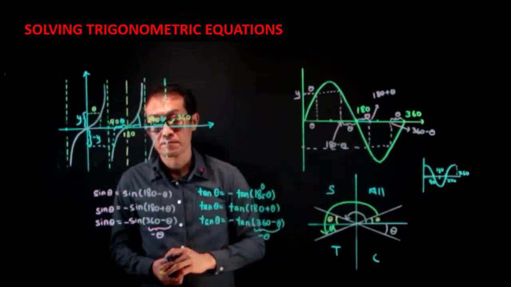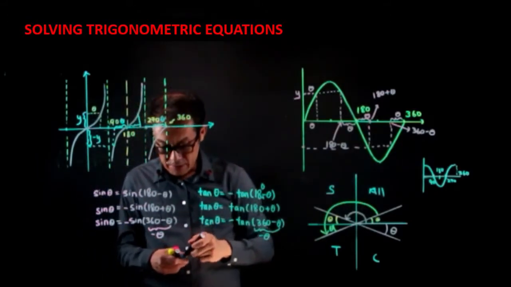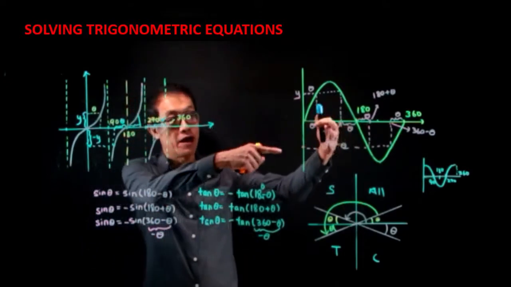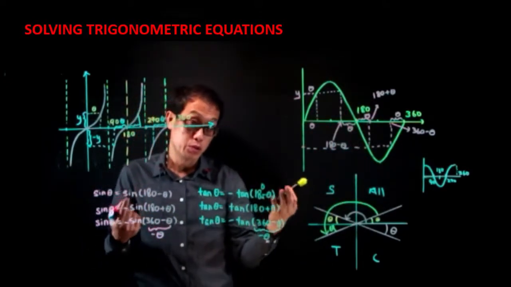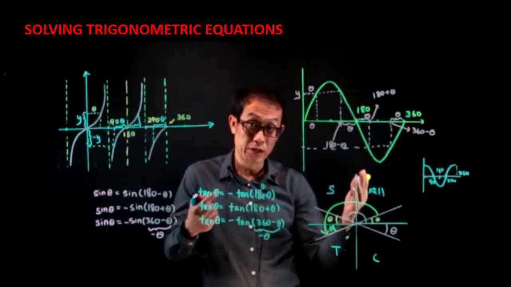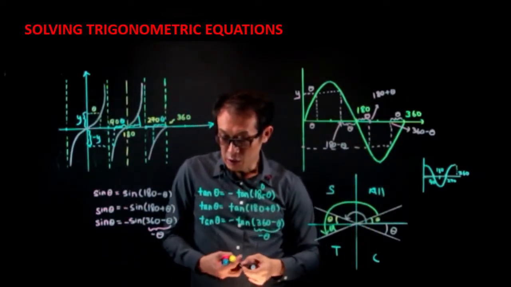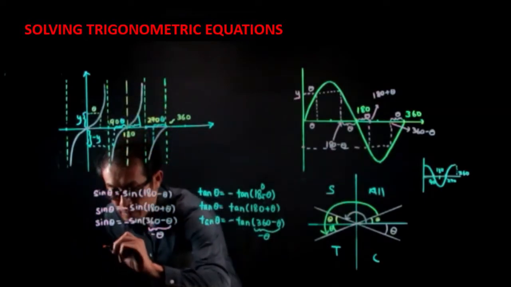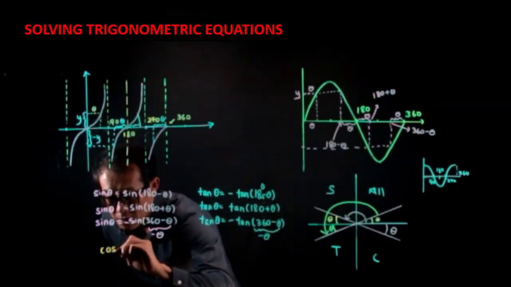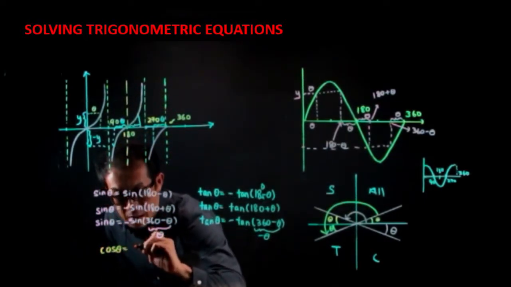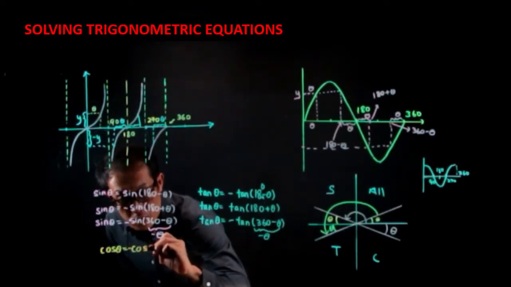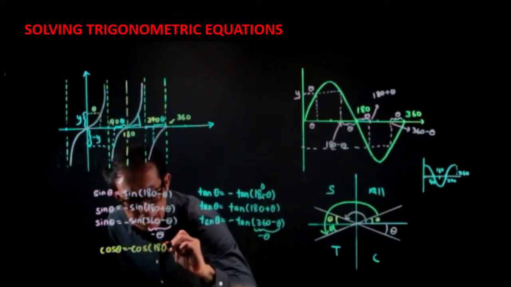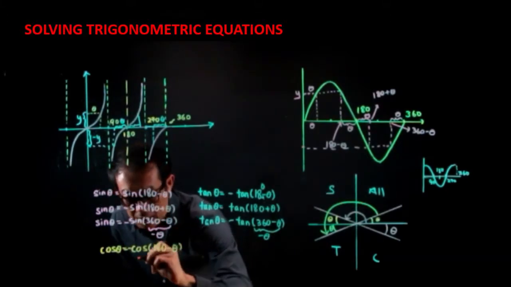Now if you use the same kind of idea on a cosine graph, which I will not be doing here, otherwise the video will be very long, you will realize that cos theta equals minus cos 180 minus theta.